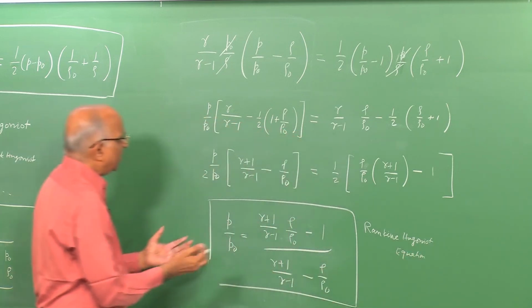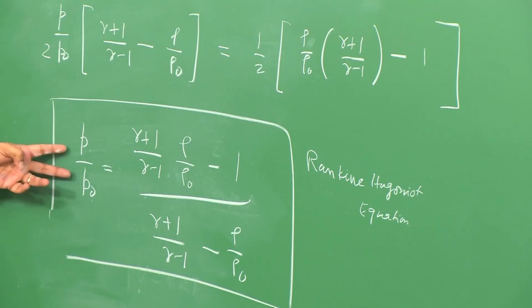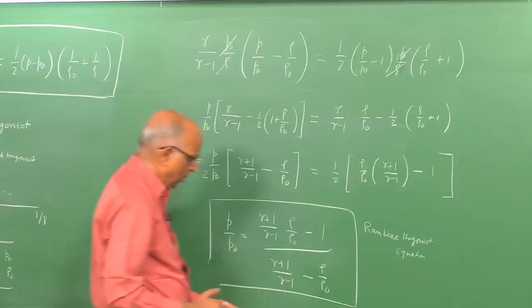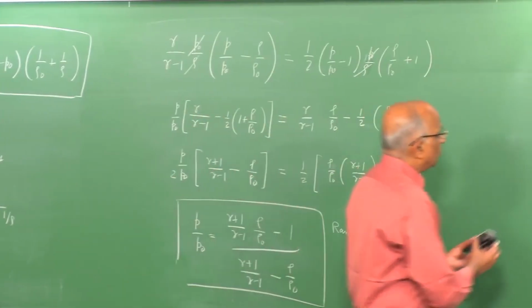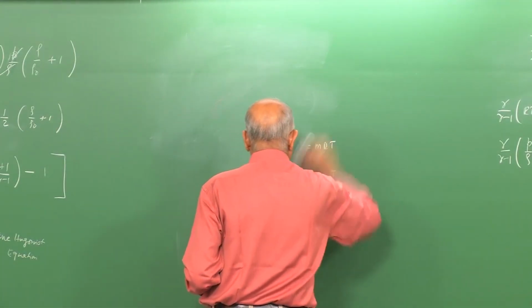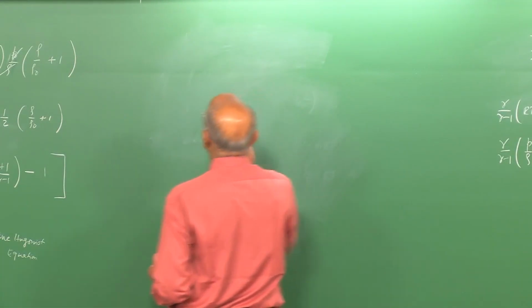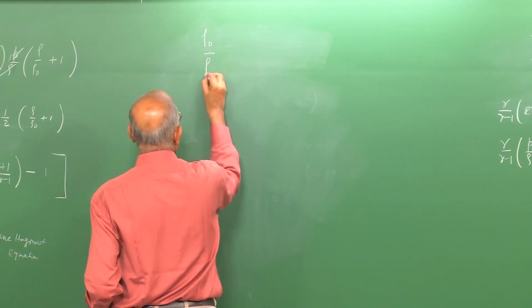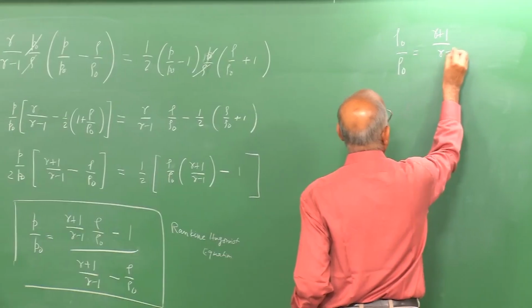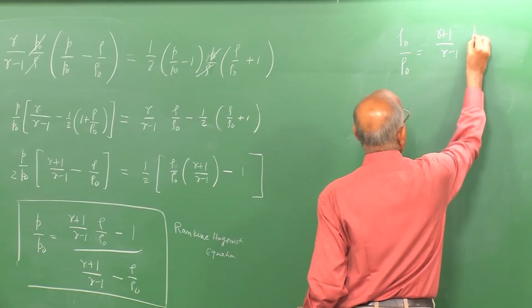We could similarly have an equation for, instead, I could put rho by rho0 and find it in terms of pressure, and if you do this you will find that the expression comes out to be very similar, even though the signs will be slightly different on the right hand side. You will get rho by rho0 is equal to gamma plus 1 divided by gamma minus 1 into P by P0.